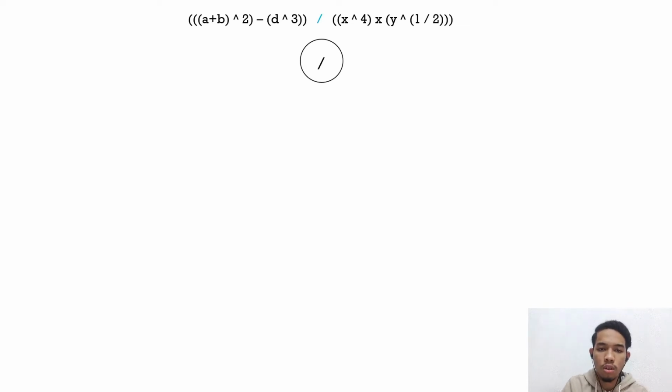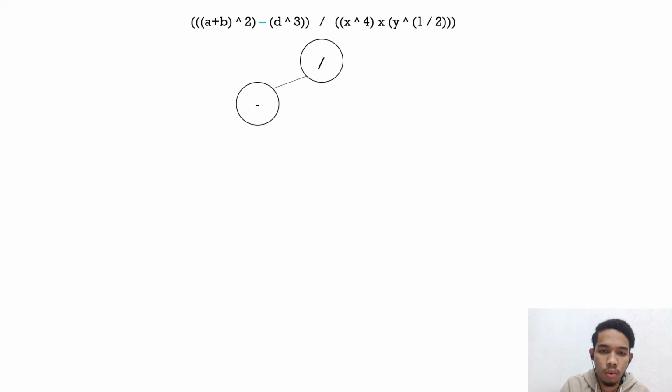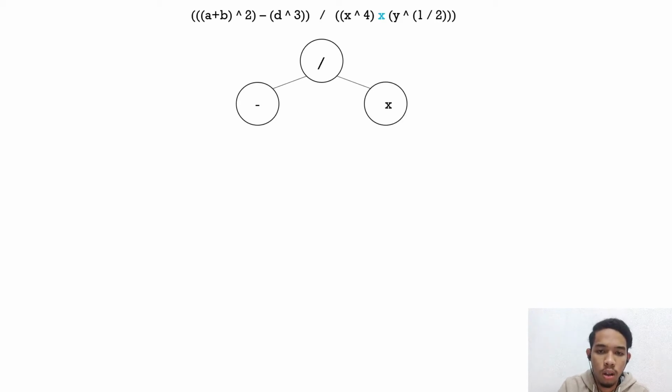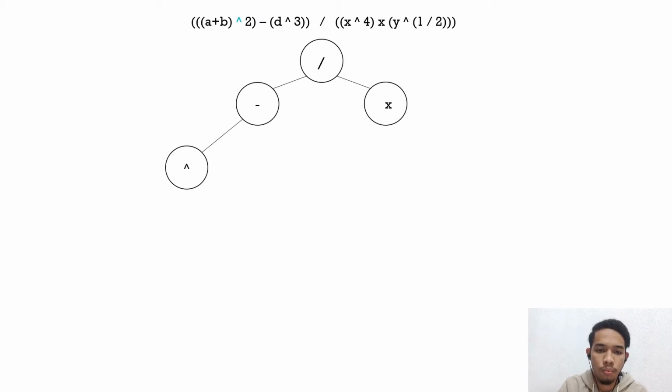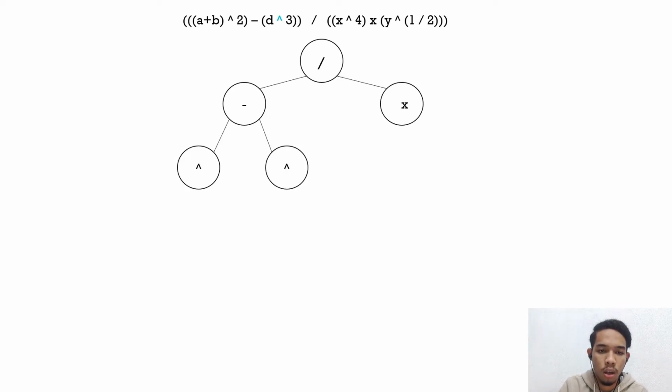First, we put the division symbol as a parent, and then the minus symbol as a left child for the division symbol, and then the multiply symbol as a right child for the division symbol. Then the symbol of power as a left child for the minus symbol, and the symbol of power also as a right child for the minus symbol.